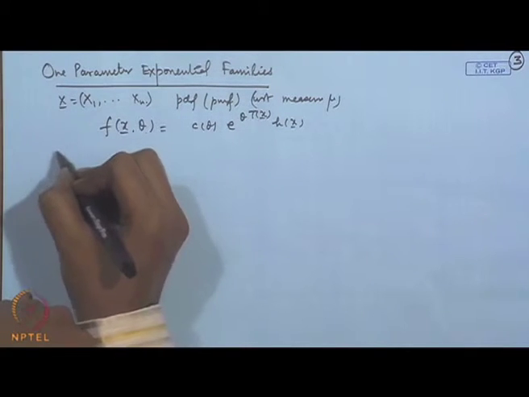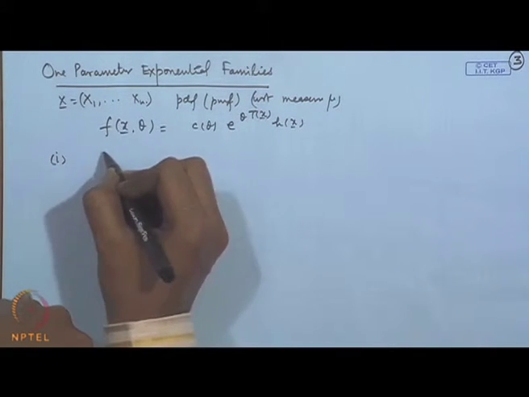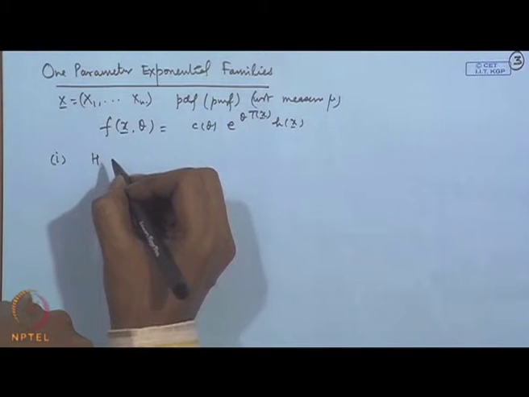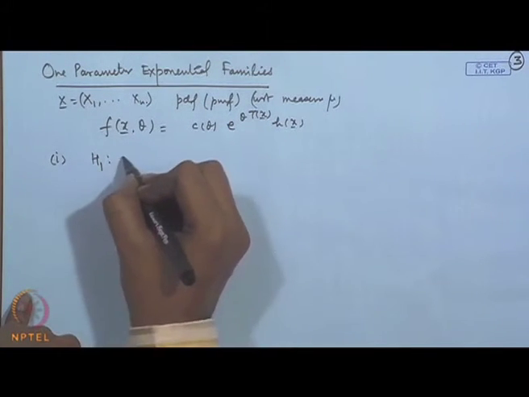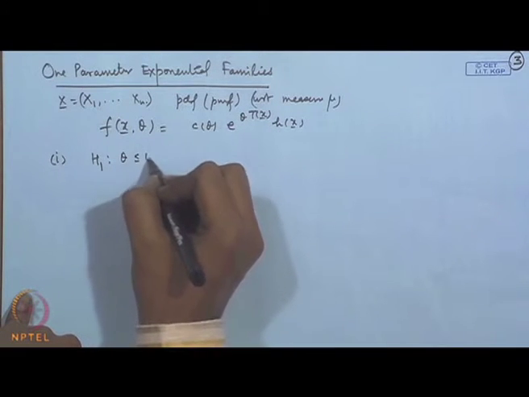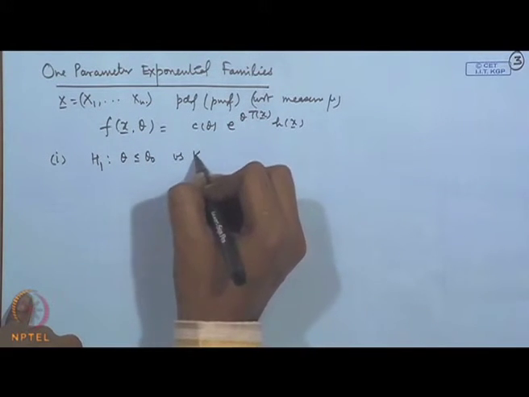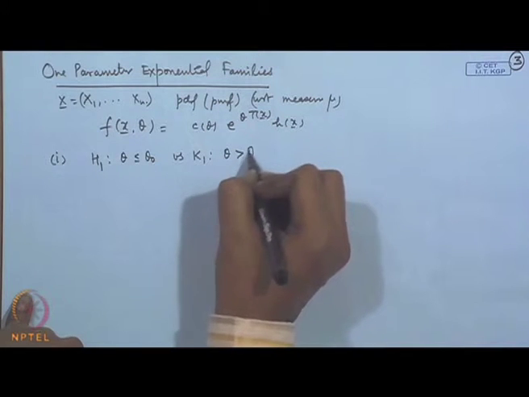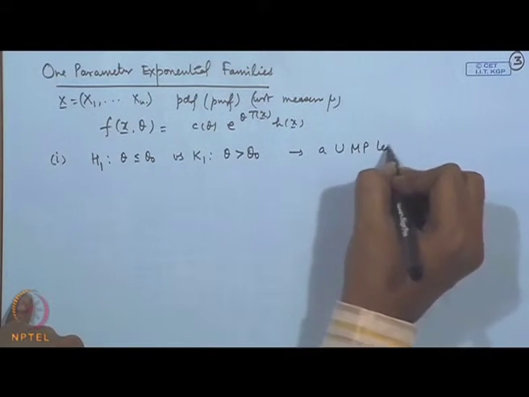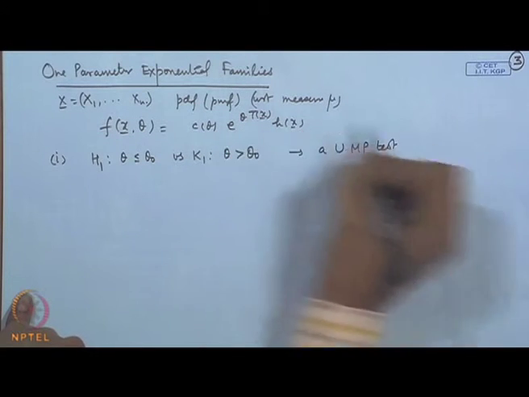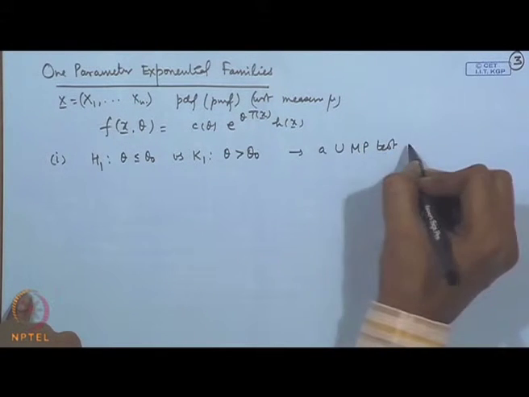So, we are having the following situation. If I am considering the hypothesis testing problem, I will name this as H1: theta less than or equal to theta naught against K1: theta greater than theta naught. The situation here is that a UMP test exists, because Q(theta), that is theta here, is strictly monotone.